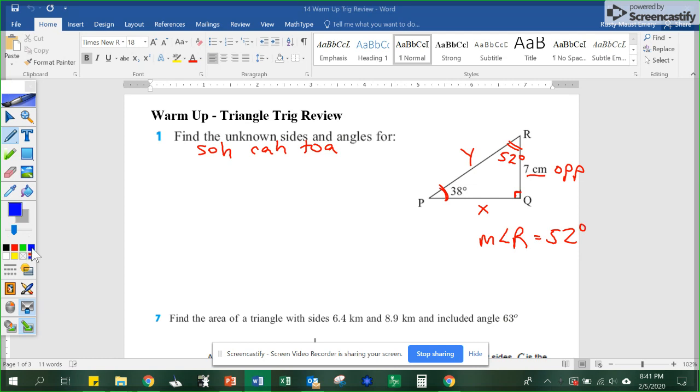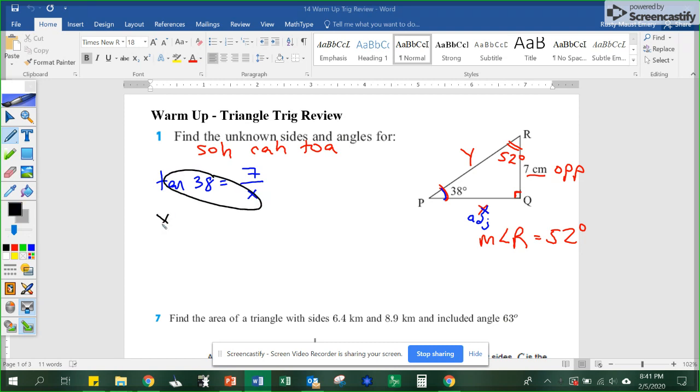So looking at X, if I want to solve for X, X is the adjacent side, and in reference to P, I have the opposite. So that means I have the opposite and the adjacent, so that is tangent. So tangent of 38 equals 7 over X. To solve for X, remember these two things are going to switch places.